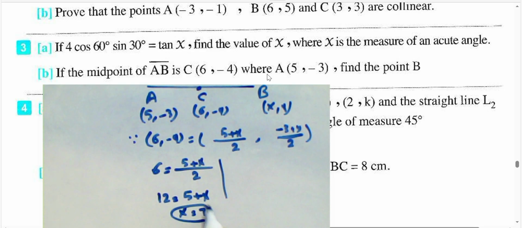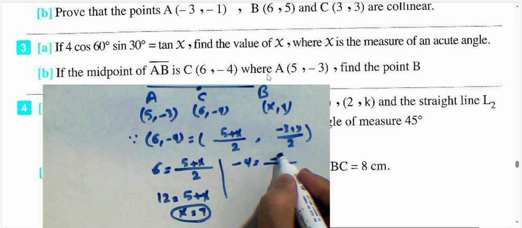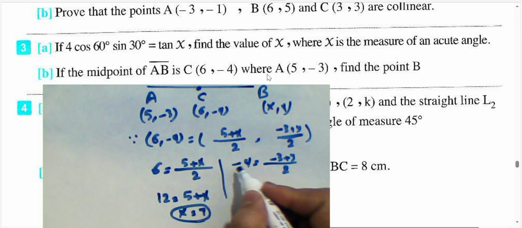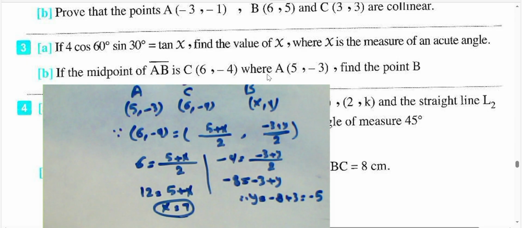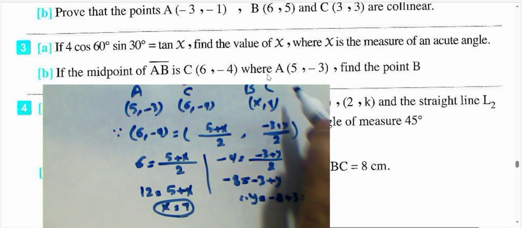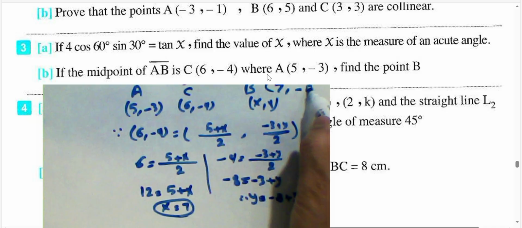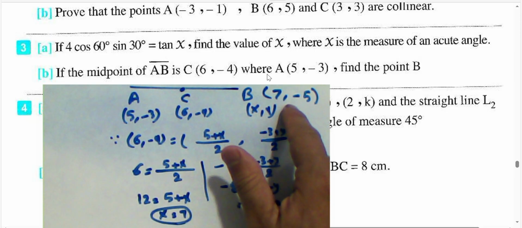Then x equals 7. And negative 4 equals negative 3 plus y over 2. 2 times negative 4 is negative 8, equal negative 3 plus y. And y equals negative 8 plus 3, it will be negative 5. The point B is (7, -5). Okay, that's the coordinates of B.